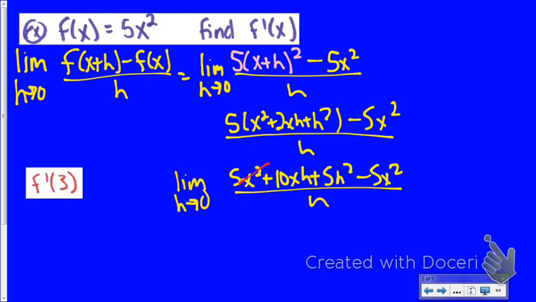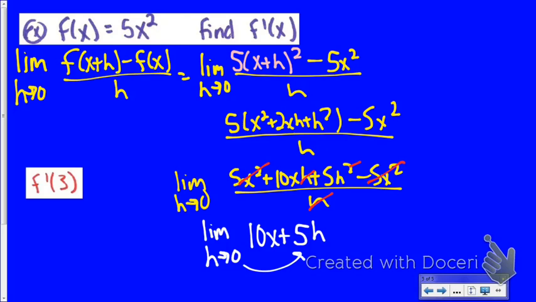Now my 5x squared will cancel out with a minus 5x squared. And both those remaining terms have an h in them, so I can divide an h out of each term. So what I'm left with now is the limit as h approaches 0 of 10x plus 5h. And now at this point, if I plug in 0, I'm not going to get 0 over 0. I can just plug in 0 for h, so I get 10x plus 0, which means my derivative is 10x.